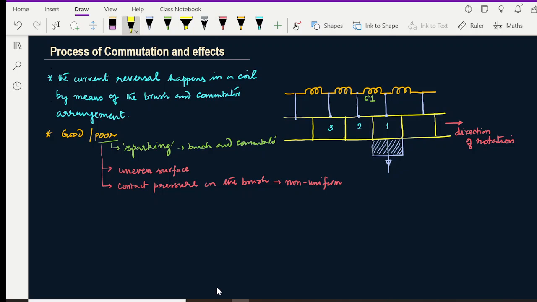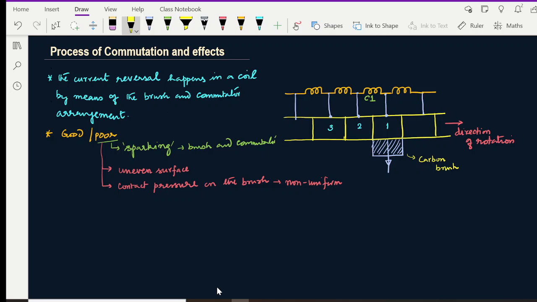What do you mean by the contact pressure on the brush? See, we know that when the commutator keeps rotating, and the brush we use is a carbon brush, there is a chance that the carbon brush, due to the friction, may get worn out. That means the thickness of the brush may reduce due to erosion.